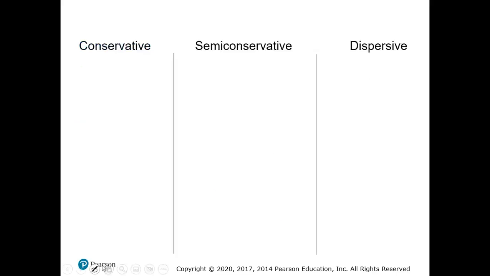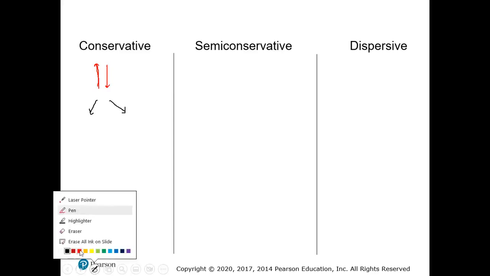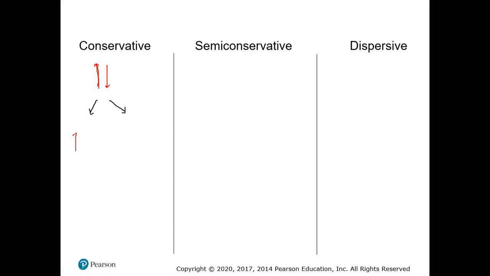So let's draw out what that looks like. For our conservative, this is our parent strand. We're going to always start with the parent in red, and I'm not going to draw out the direction. But remember, they're anti-parallel. So that's our parent strand. And what this is proposing is when we create our daughter strands, one is basically just going to be the parent strand.